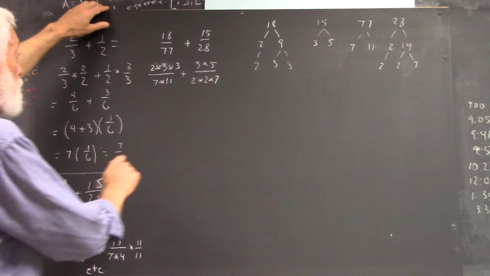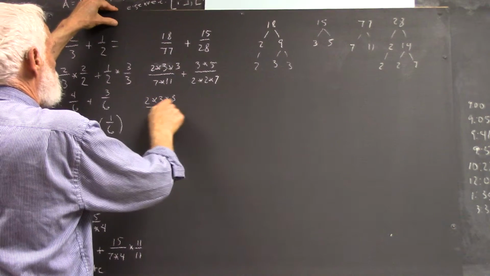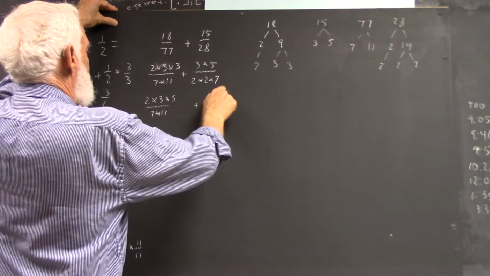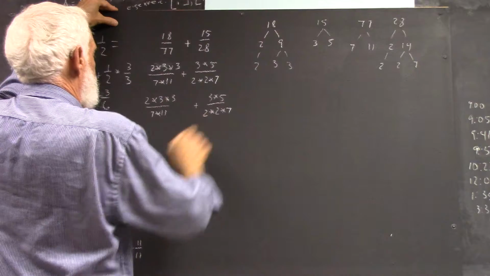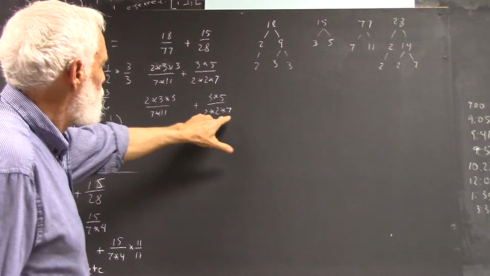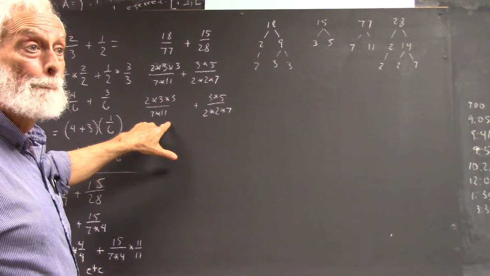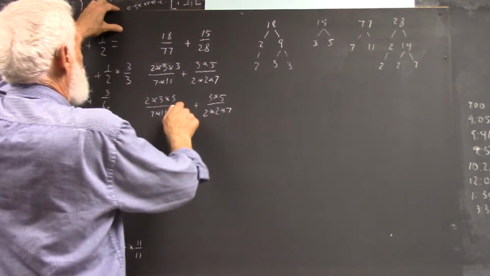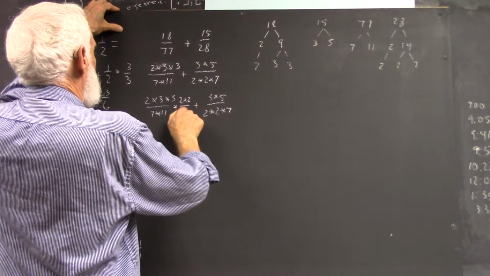Well, we write everything as before. We still just look at the denominator. Okay. What's this denominator have that this one doesn't? Huh? Yeah, 2 times 2, right? So we have to multiply this by 2 times 2 over 2 times 2.